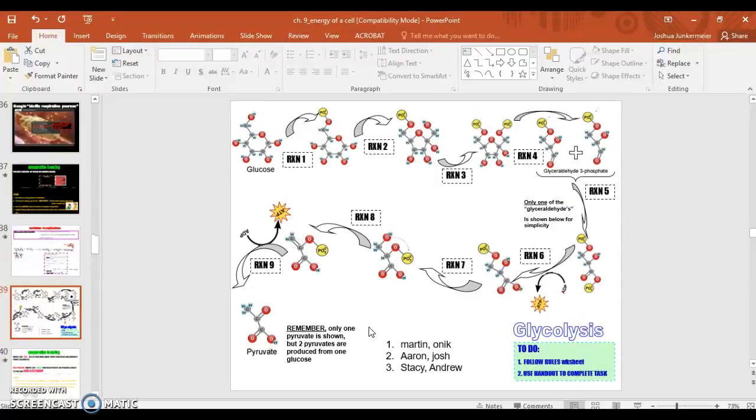All right, this slide references a worksheet. Now these were partners, but if you haven't got this done yet, you can just do it on your own, where you go from reaction to reaction all the way until you finish, and you're studying the process called glycolysis, which is the first steps of when you eat glucose or forms of carbohydrates. What process does it go through in the body when you first eat it?